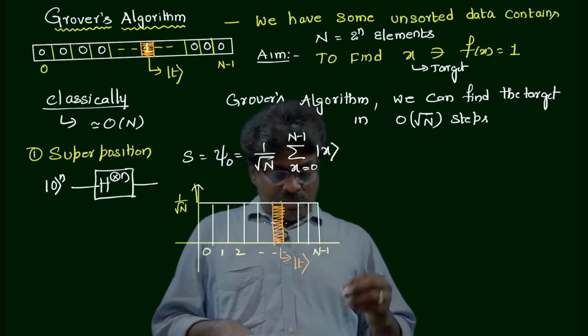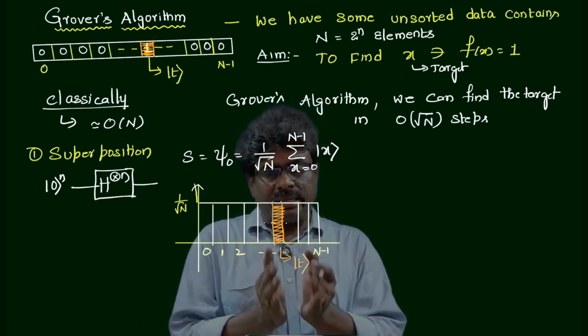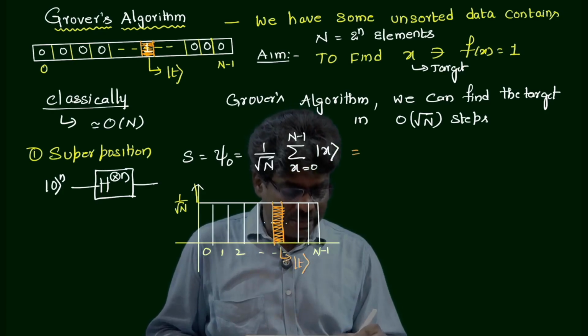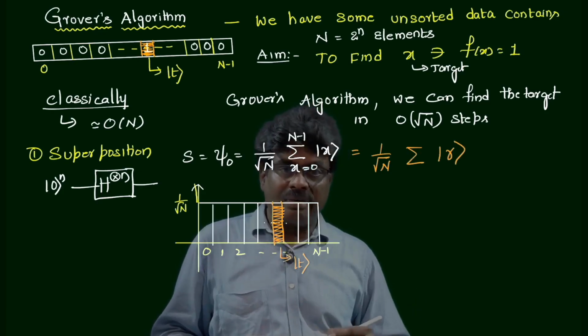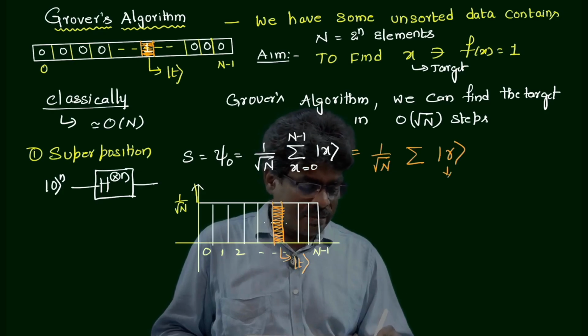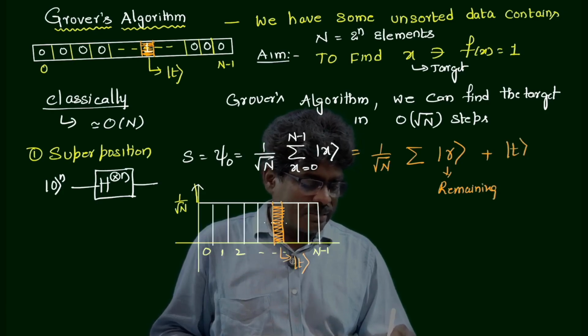Here I'm going to divide this into the target state and the remaining states. That is 1 over root N summation over R, where I am representing R for remaining states, plus the target state.